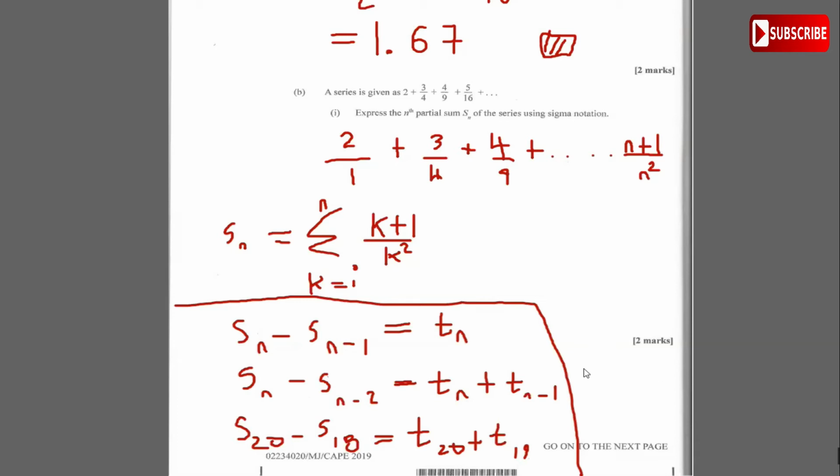Think about it this way: S18 plus the 19th term plus the 20th term. When you add these three, you must get the sum from 1 to 20. So if you subtract S18 from both sides, you get T19 plus T20. What does that mean? This means that all we need to do is find T19 and T20.